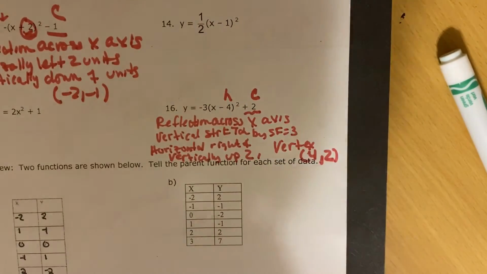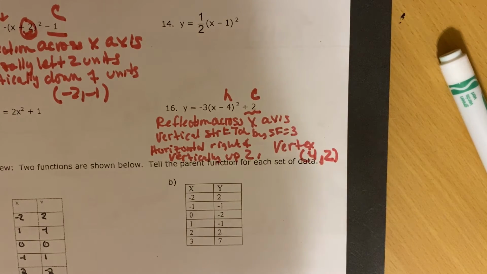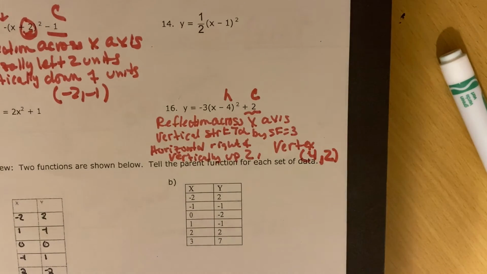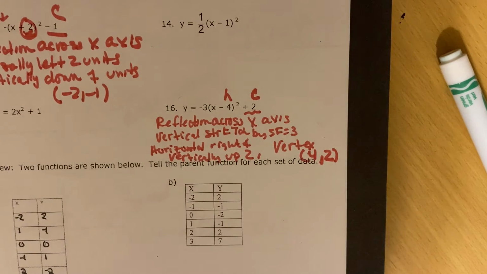All right, so you should have worked question number 16 for me, and that is a reflection across the x-axis. It is a vertical stretch by a scale factor of 3. So your parabola is going to be facing down. It is going to be fairly narrow. It's going to be moved horizontally right 4 units, and then it's going to be moved vertically up 2.